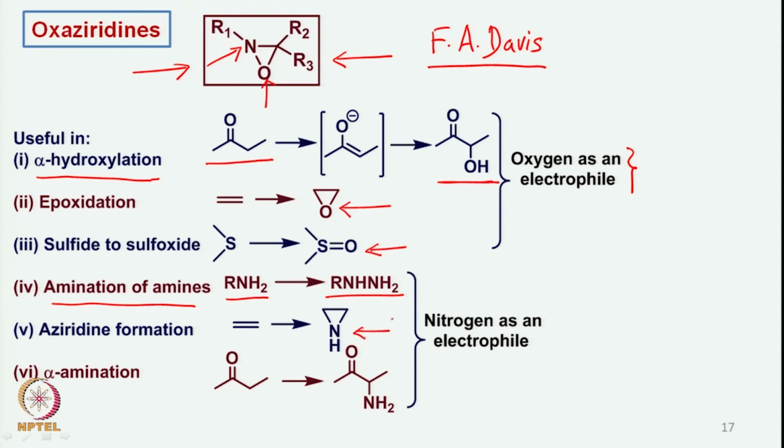So, you can get this type of aziridine molecule, which is a nitrogen analog of epoxide. And just the way alpha hydroxylation was done, we can also use alpha amination and get the corresponding amino ketone, and this is basically because of the nitrogen transfer. So, these are the examples of nitrogen as an electrophile.